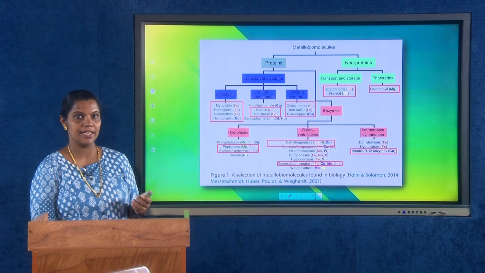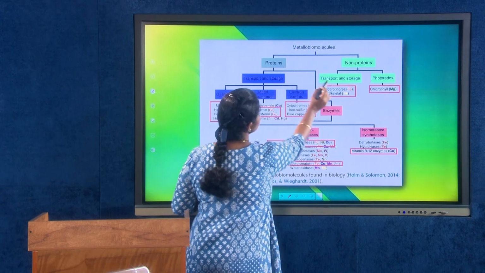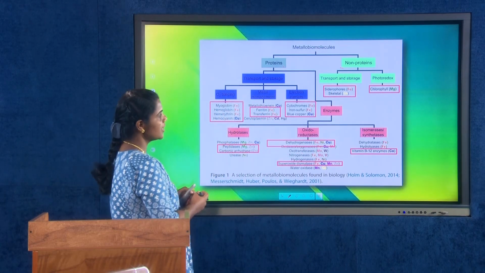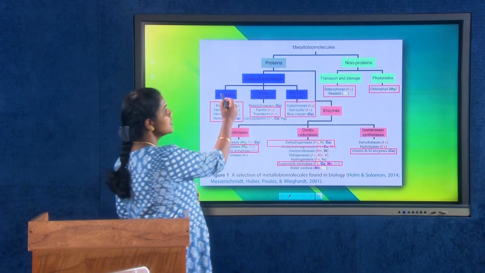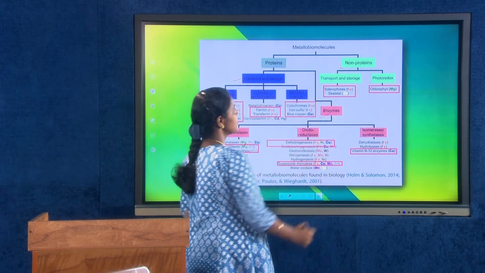Here you can see the list of metallobiomolecules present in living systems. Metallobiomolecules are classified into proteins and non-proteins. Proteins are further divided into transport and storage proteins and also enzymes.